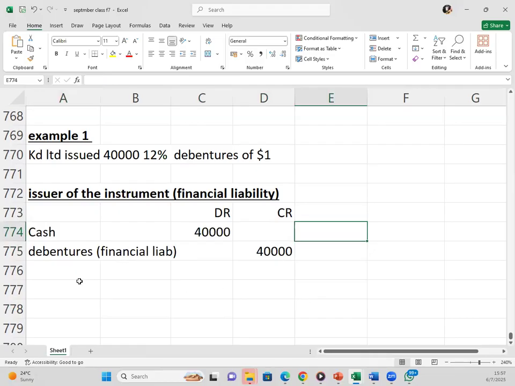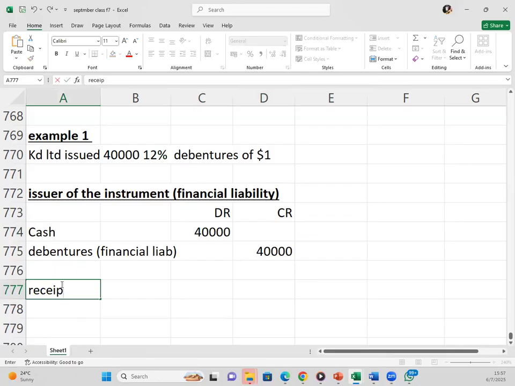Then to the recipient of the debenture, that's a financial asset.